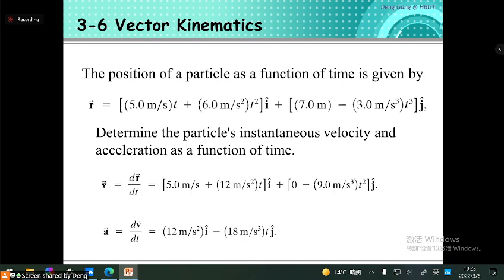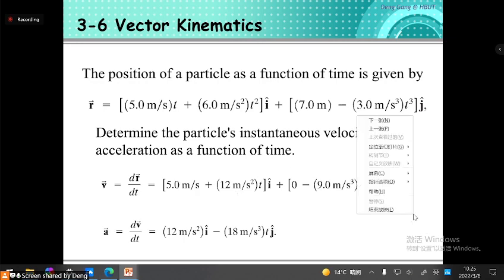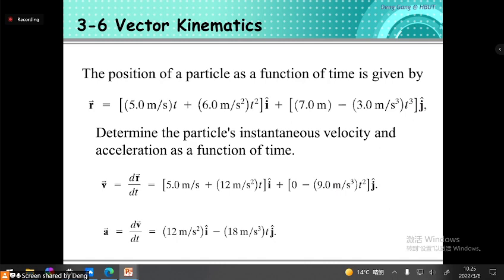But for each component, that is the same as what we did in previous chapters. Like here, this is x, and this part is y: x(t) and y(t). So v, the velocity, should be equal to vx i hat plus vy j hat.